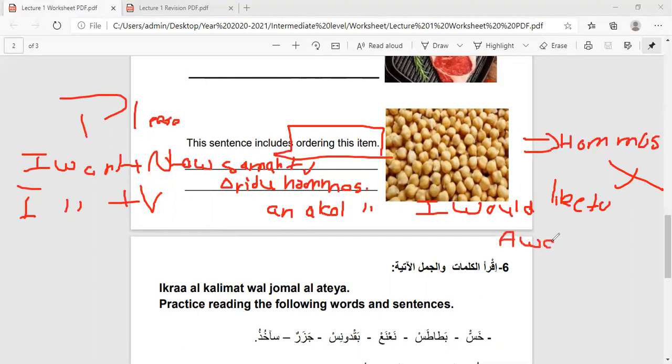In the present, of course. أود أن آكل الحمص. I cannot say أود حمص. I would like chickpeas is wrong. If you find it in the choices, you should not choose this choice. So أود أن آكل الحمص.